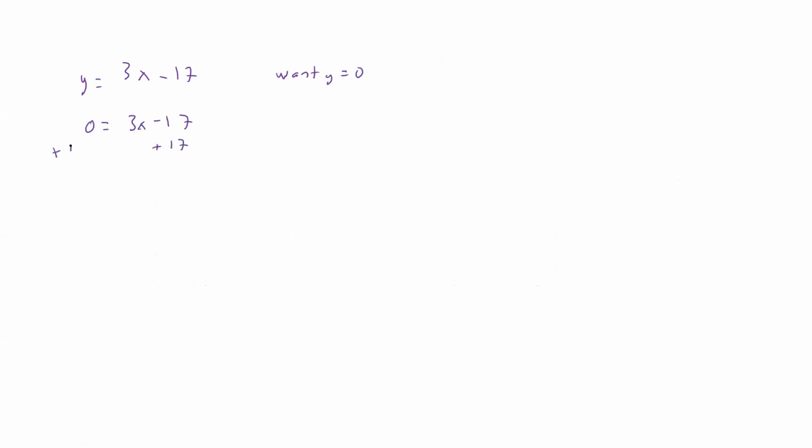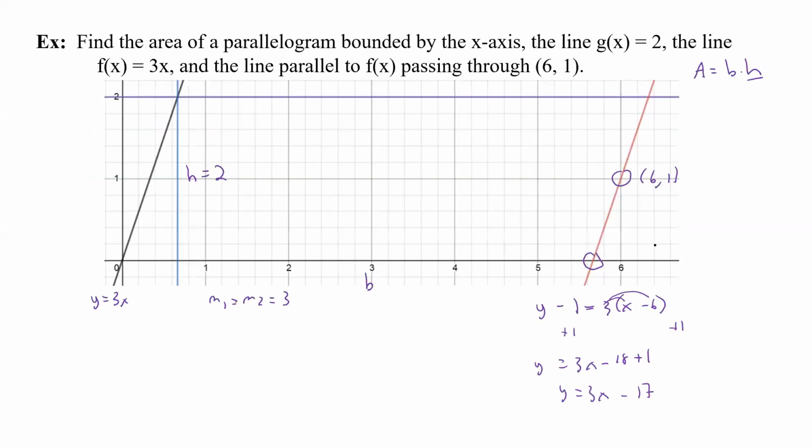We add 17 to both sides, so 17 equals 3x, divide by 3, and x equals 17 over 3. That means the point is at (17/3, 0), and so the base is 17 over 3.